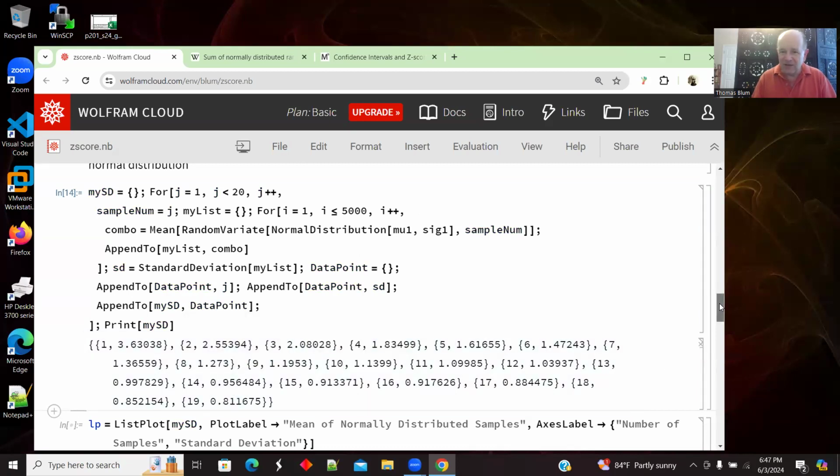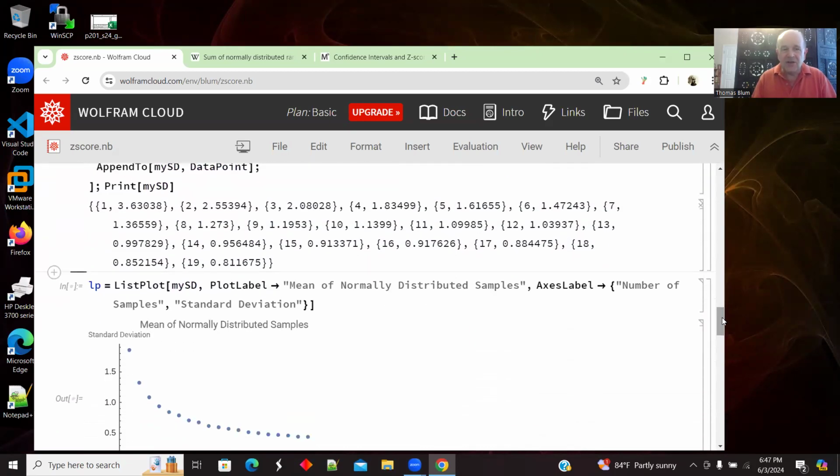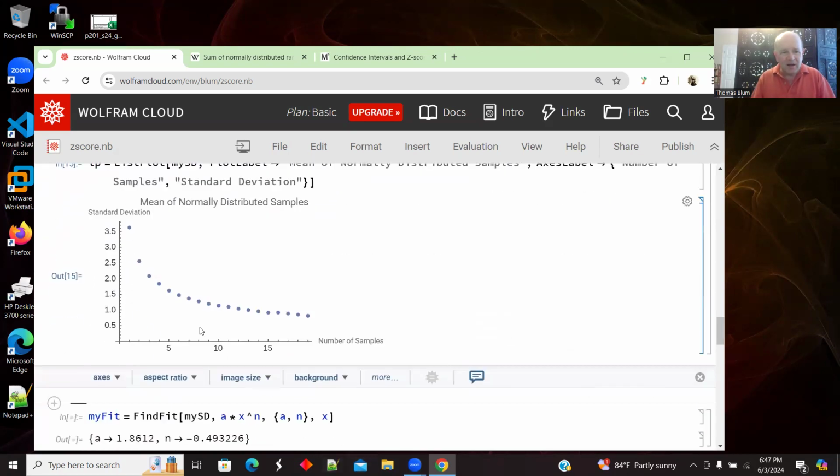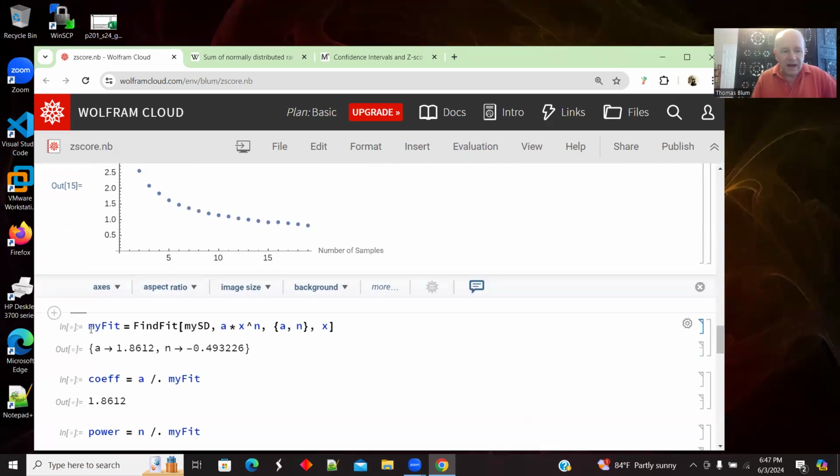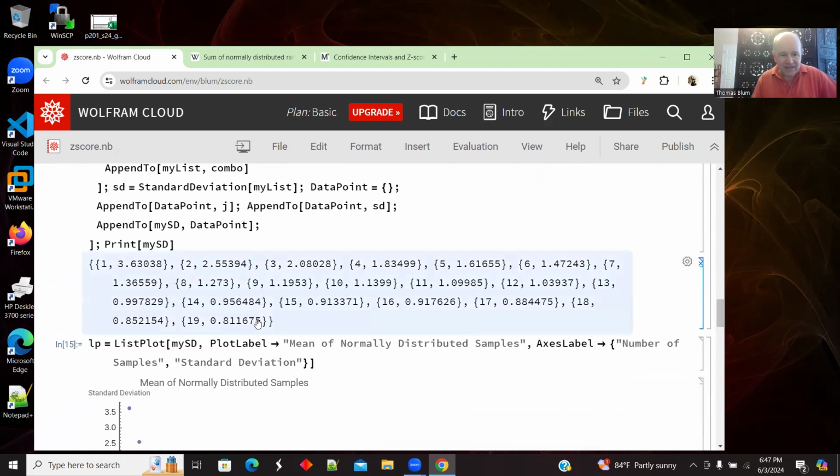I want to see how the standard deviation is scaling with the number of samples. And here I get, so it is dependent on the standard deviation of the original sample, and then it comes down, and that is an n to the 1/2.